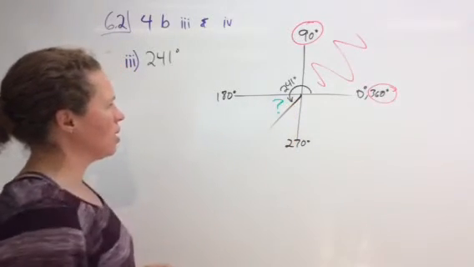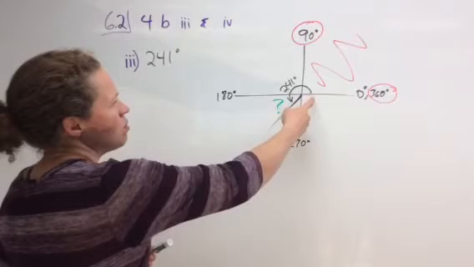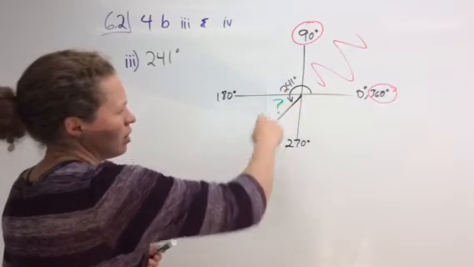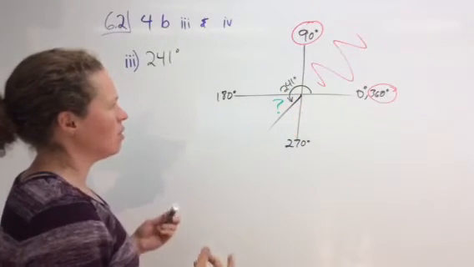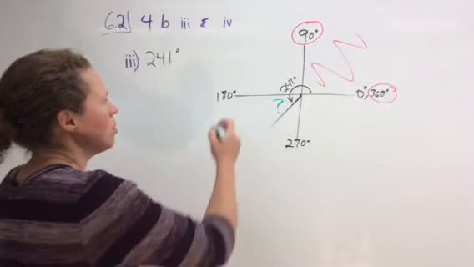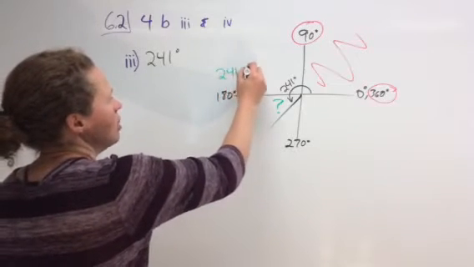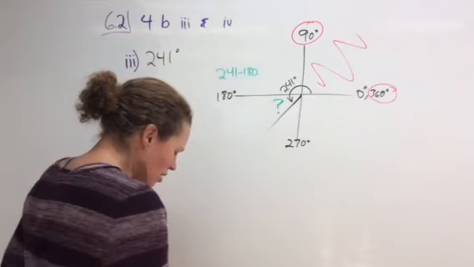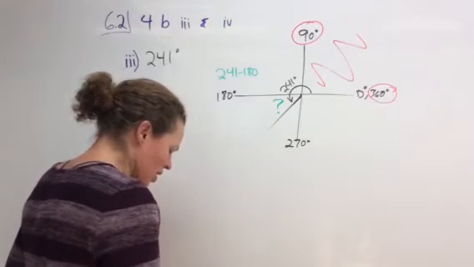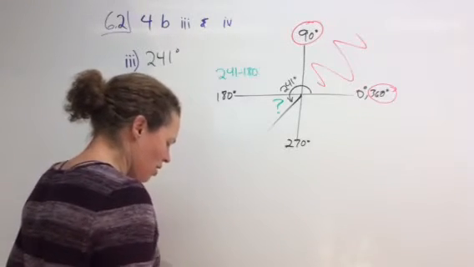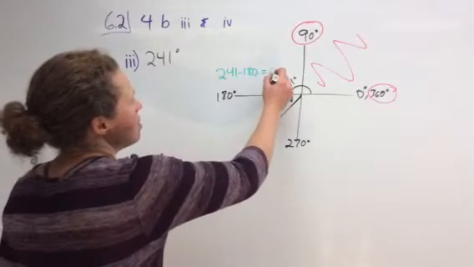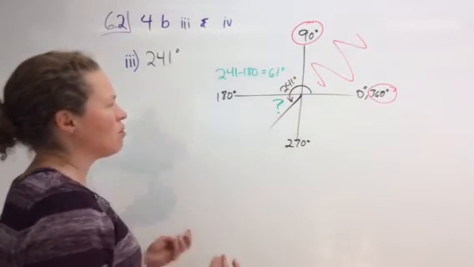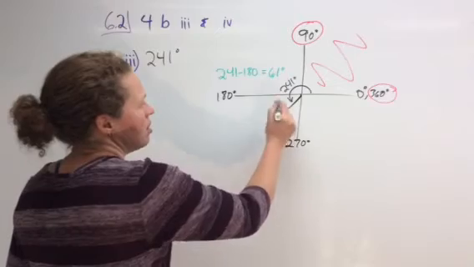I've got to find out if this is 180 degrees, how much more does it go? So I could probably just shortcut it and go 241 minus 180 degrees. My brain is working a little slowly today, so I'm just going to use my calculator for that. And it turns out that it's 61 degrees. So the reference angle here is 61 degrees.